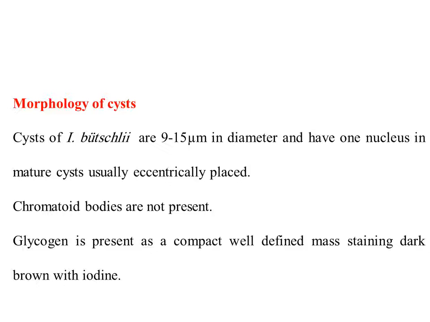The glycogen mass is present as a compact, well-defined mass, staining dark brown with iodine. This is the main criterion of the cyst stage.